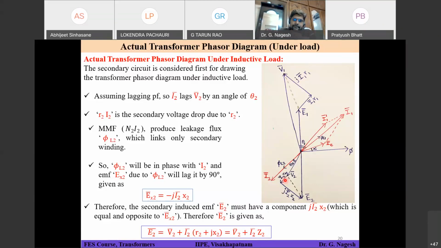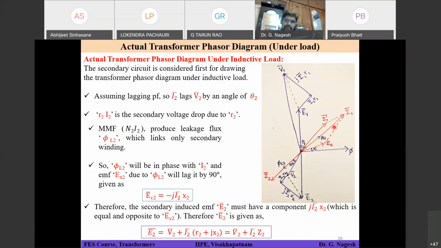And sir, second thing, why will phi L2 always be in phase with I2, and phi L1 with I1? Because if you see phi L1 here, the excitation current IE is here.